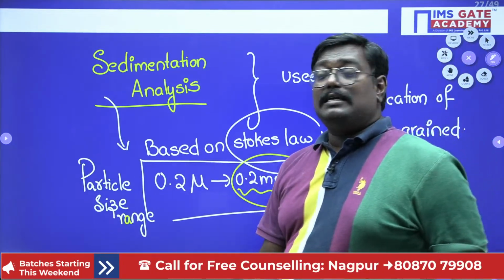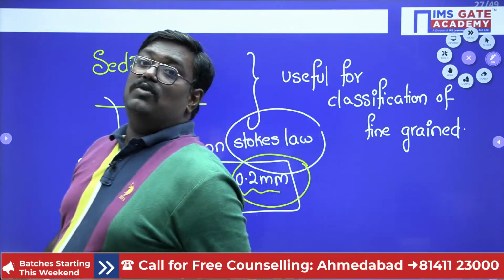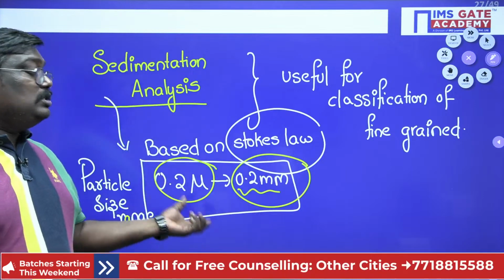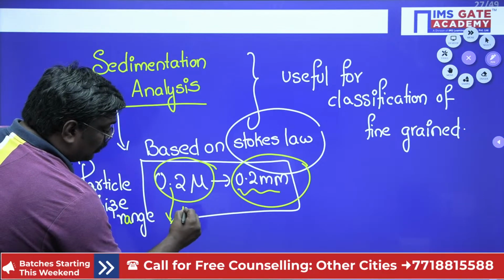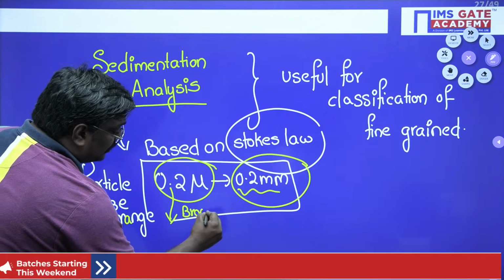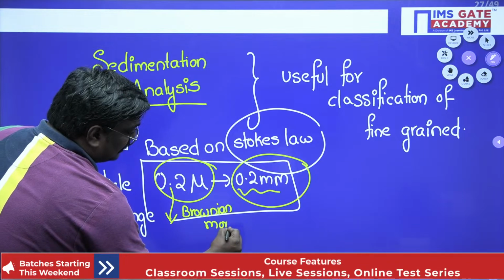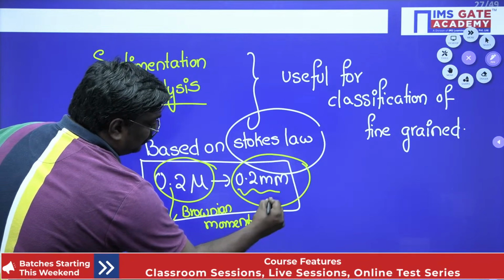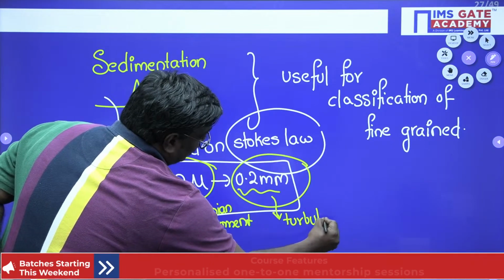And if the particle size is less than 0.2 micron, there will be Brownian movement. So these are the true reasons. If the particle size is less than 0.2 micron, you will observe Brownian movement, and if it is more than 0.2 mm, you will observe turbulent flow.